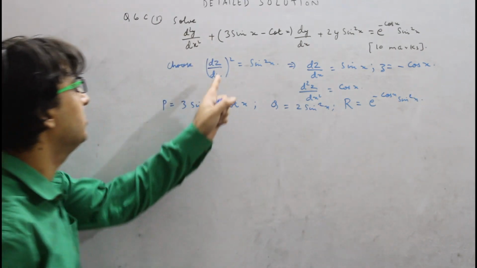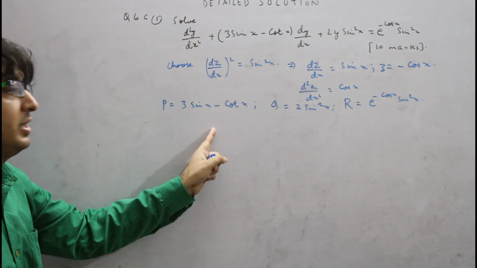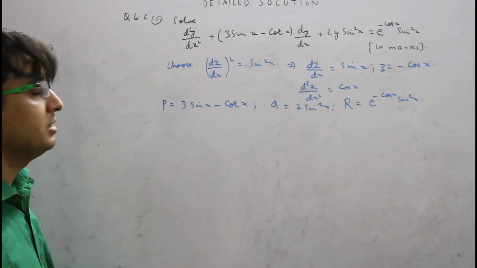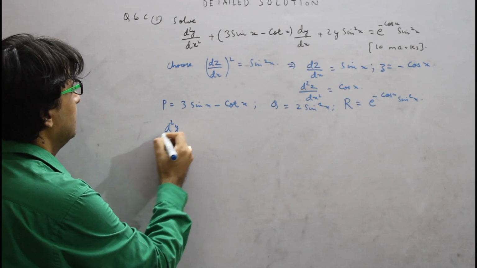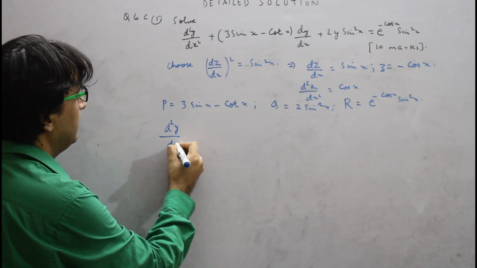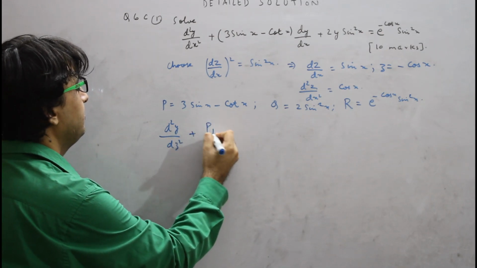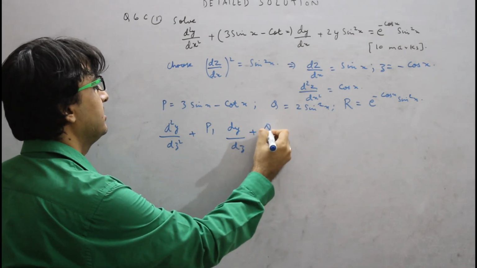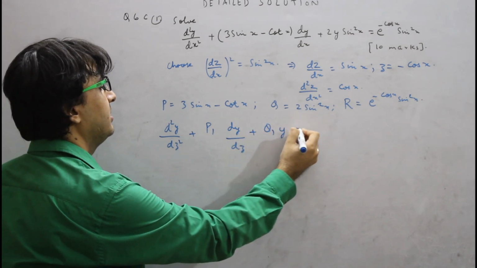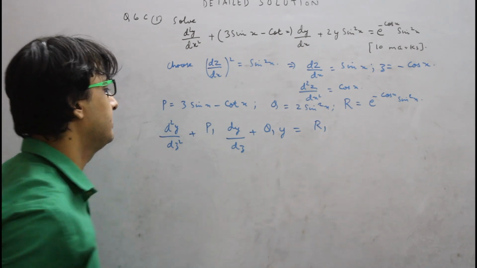So we have got our Q with this respect. So we have to change the independent variable. So how do we do that? d²y/dz² + P1 dy/dz + Q1 y = R1.